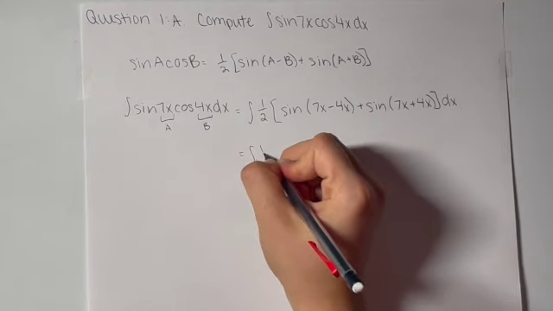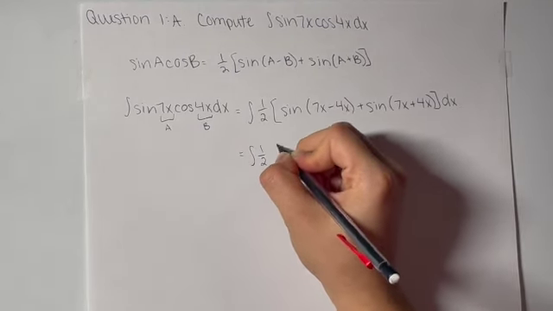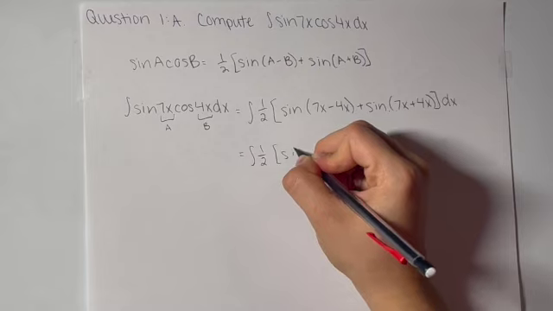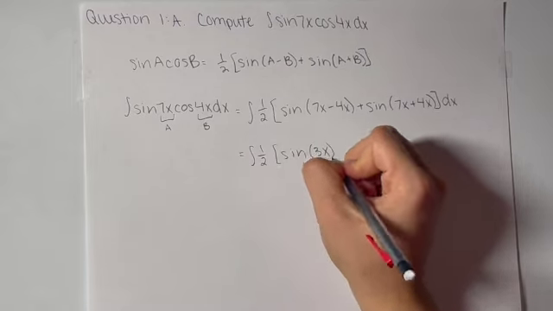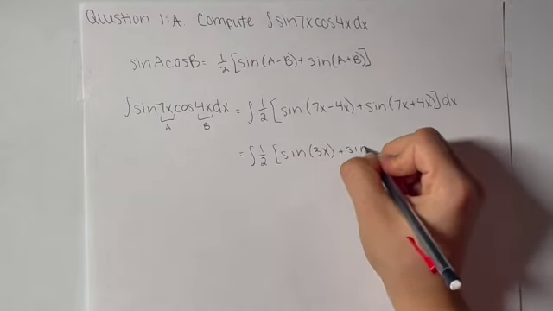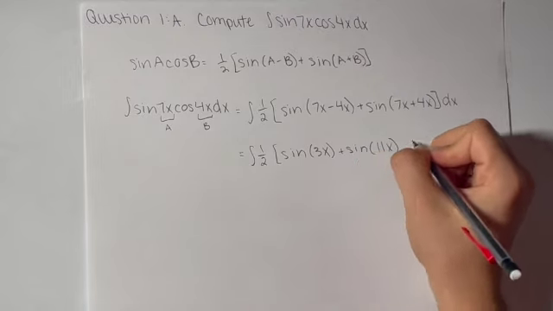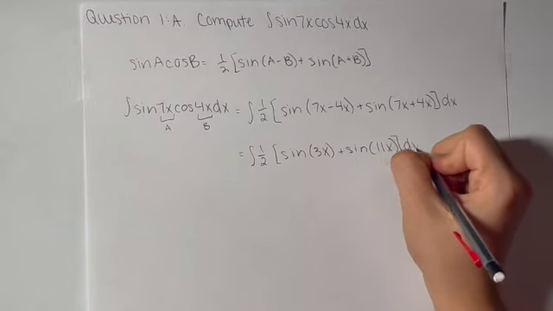Simplifying this, we get 1/2 sine of 3x plus sine of 11x dx.